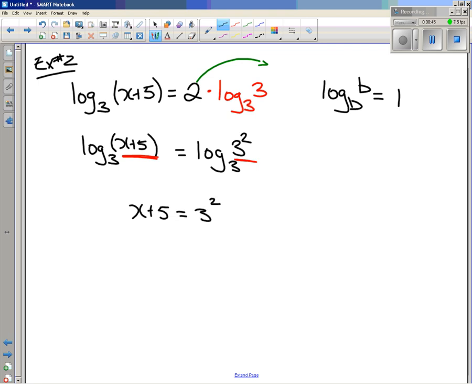We can evaluate 3 squared as being 9. x plus 5 equals 9. And then we can get that x equals 4. Okay, we pull that back up, look at our original equation. x equals 4 is a valid solution. That's not going to cause us any problems. So our answer for this is x equals 4.